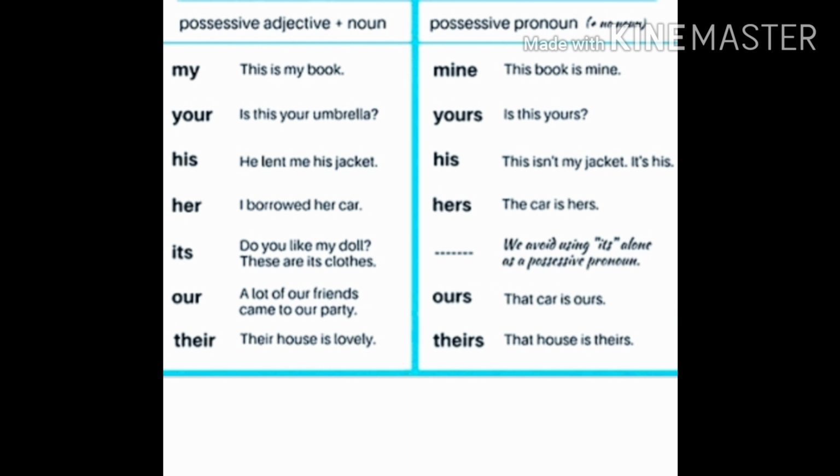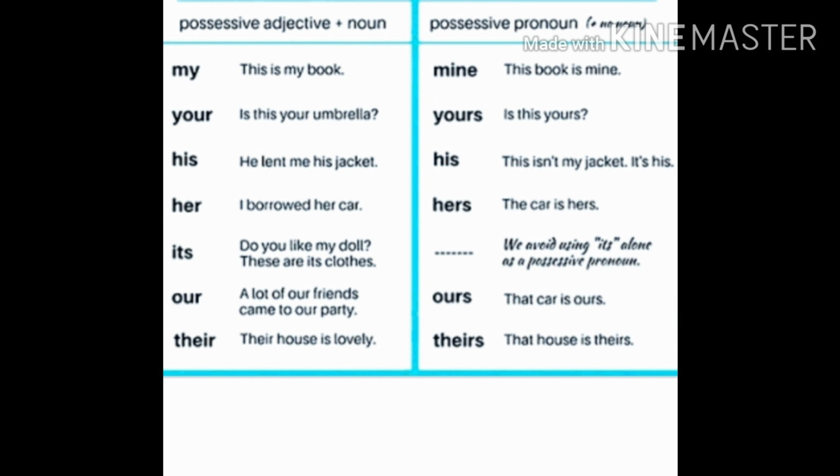These are its clothes. Our. A lot of our friends came to our party. Their house is lovely. In the above sentences, my, your, his, her, its, our, their are possessive adjectives.